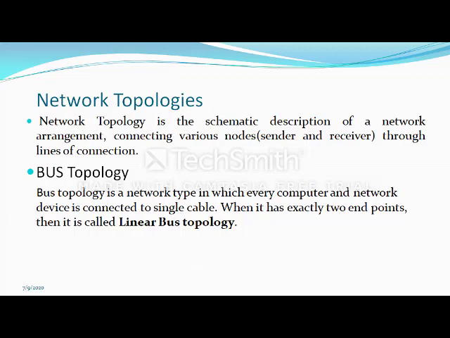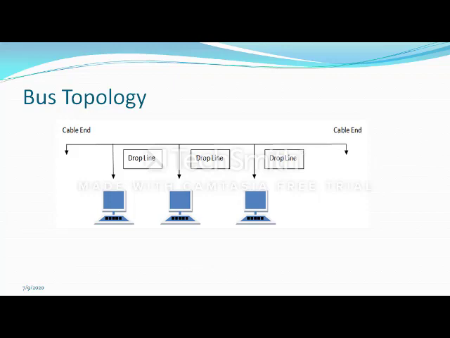Then it is called linear bus topology. In this, there is one cable and drop lines. Drop lines are connected to the nodes or computers.